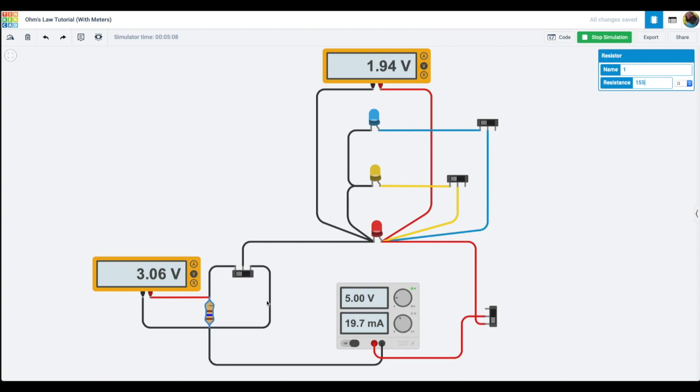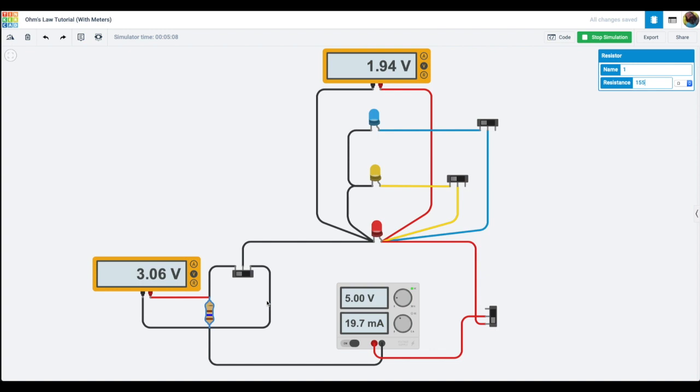Since it's 5 volts and 19.7 milliamps, that's how we would calculate the resistance across those LEDs.